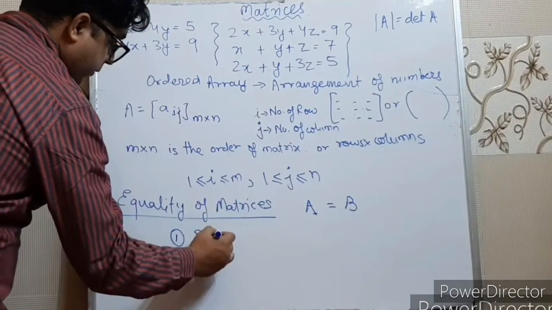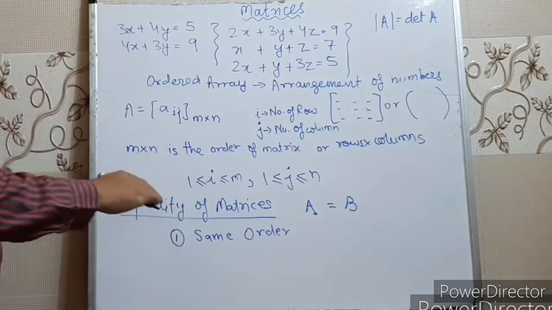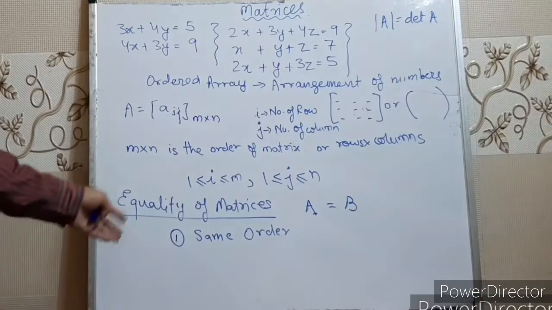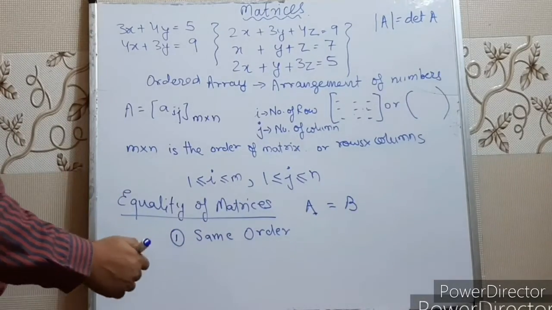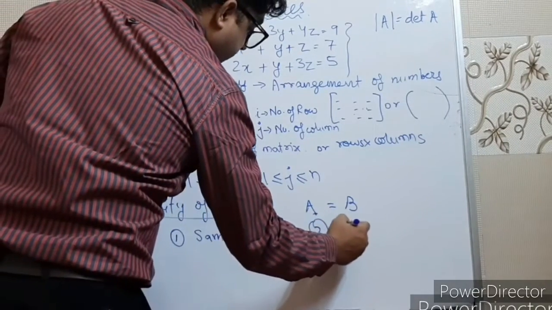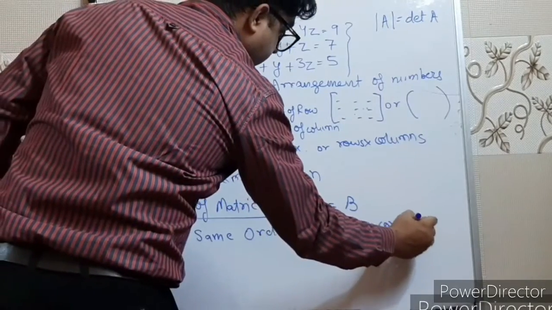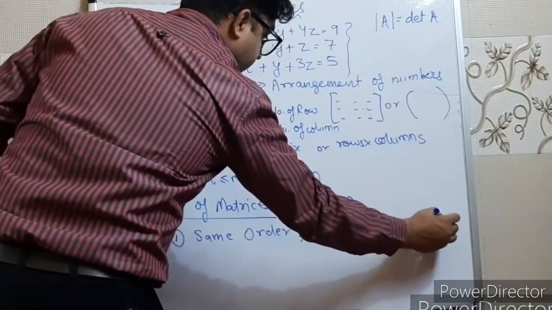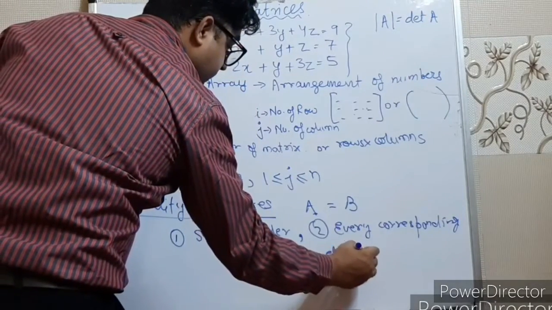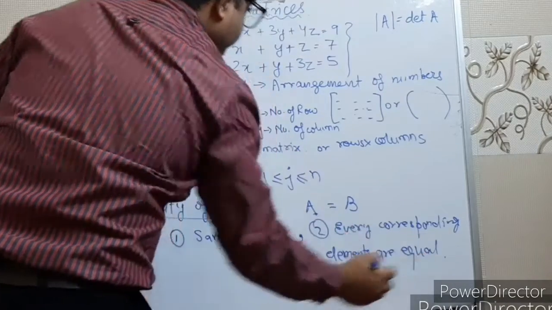They should be of the same order. And when they are equal, we know that A is equal to B. The order of A and B are the same. So what will we do? We can equate the corresponding elements. So every corresponding element must be equal.